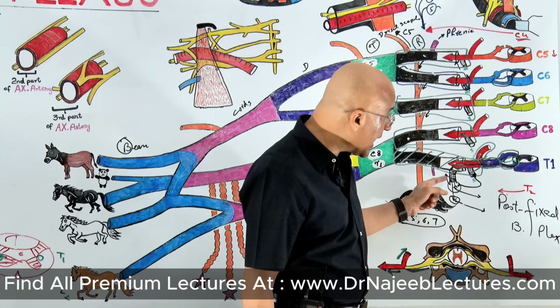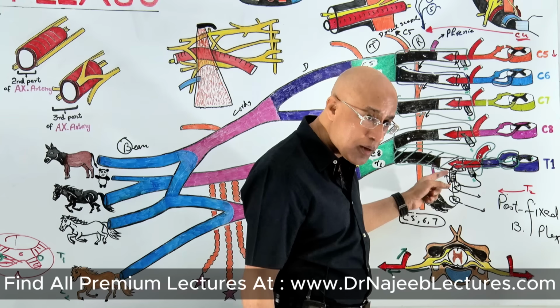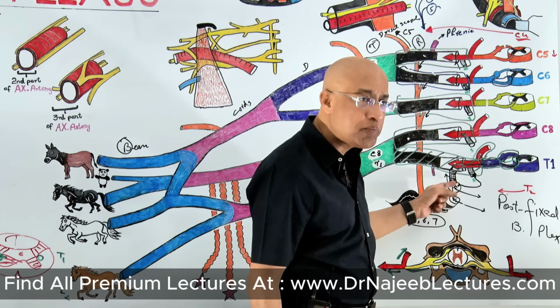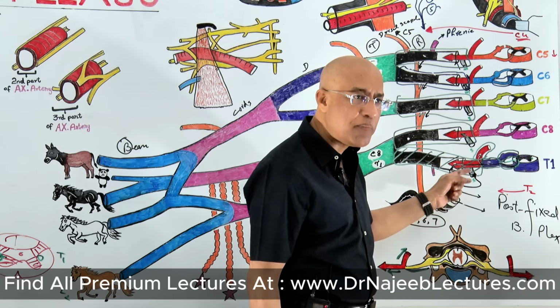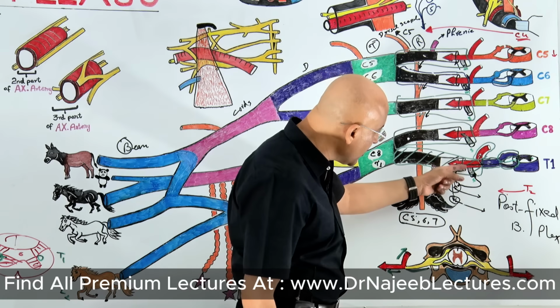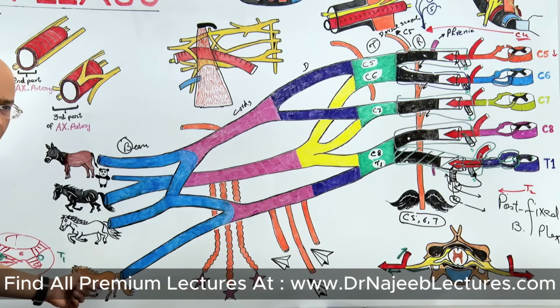And white rami are the preganglionic fibers coming towards the vertebra, and gray rami are postganglionic fibers going back to the ventral ramus. Now, through the ventral ramus, these gray fibers will go eventually to the terminal branches.